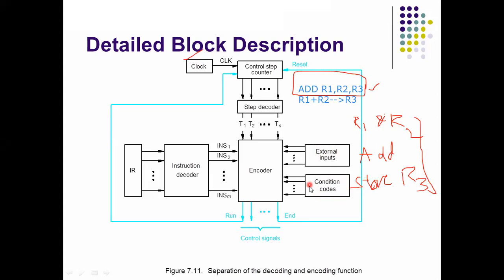So what are the condition codes? Condition codes are like status signals. These condition codes depend on the operations after completing the operations in the ALU.